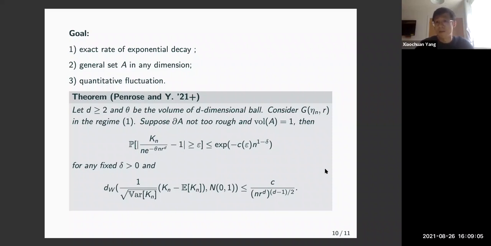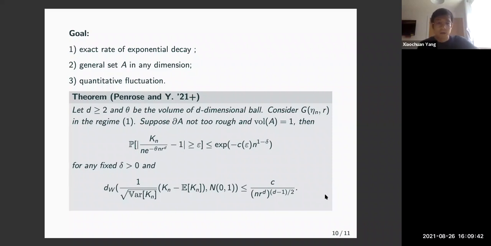Then, assuming very mild conditions on the boundary of A, we can show that Kn over n decays exponentially in theta n r to the d. So we have this specified value theta in the exponential decay. We show more than this. We have this concentration bound and also a central limit theorem for a standardized version of Kn in the Wasserstein distance, and the error bound is very explicit.